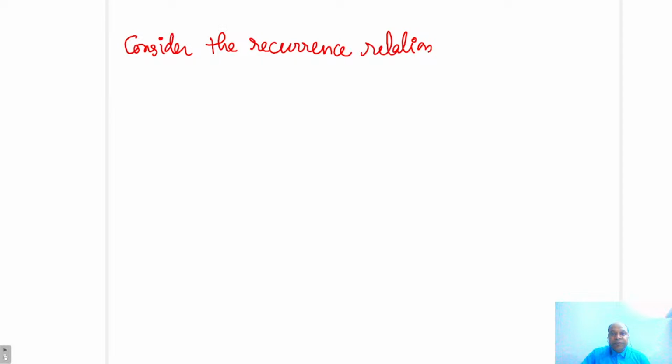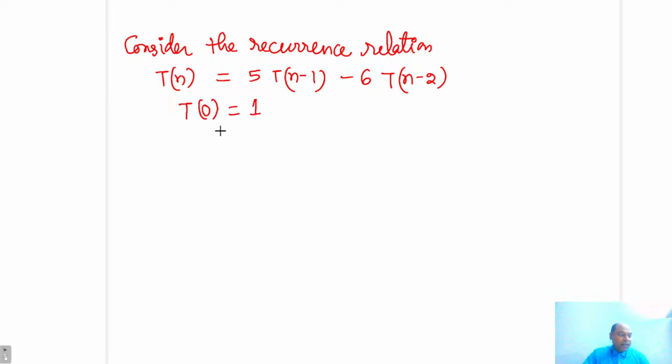The question says: consider the recurrence relation T(n) = 5T(n-1) - 6T(n-2), provided that T(0) = 1 and T(1) = 2.